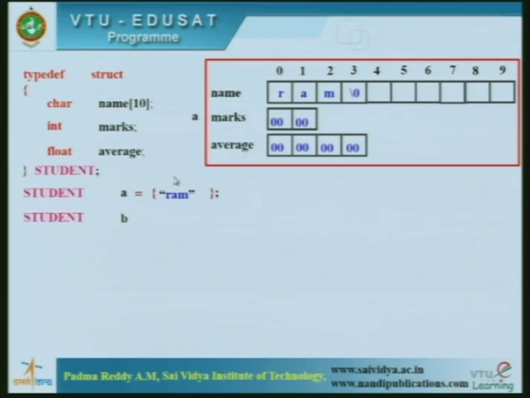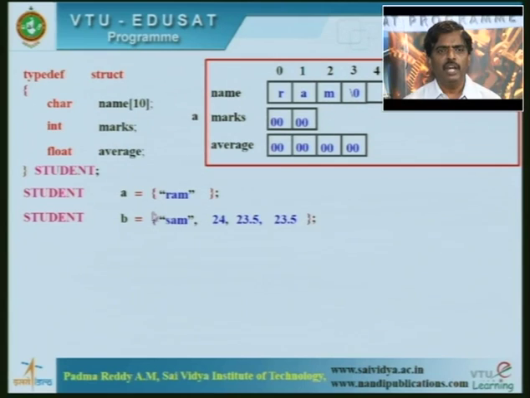Now, if you look at another one, suppose I write student B is equal to Sam, 24, 23.5 and another 23.5 and end with semicolon. Now, if you observe, how many initial values are there? 4 initial values are there, and here how many members are there? Only 3 members are there. So, 4 initial values and only 3 members, it is not possible.